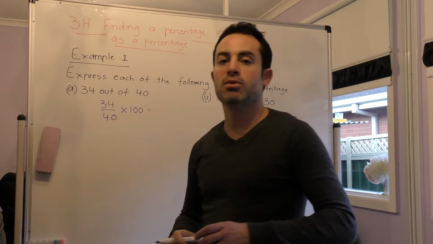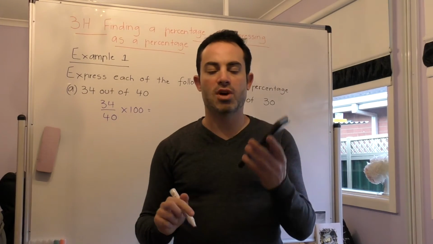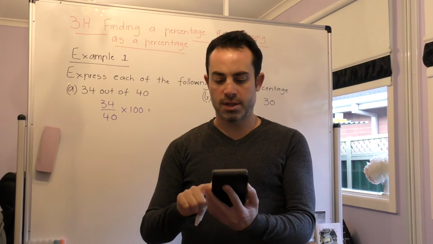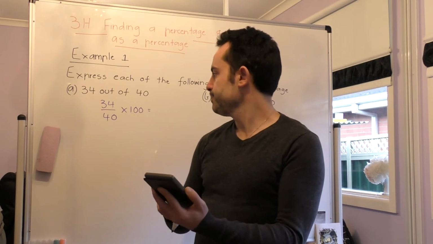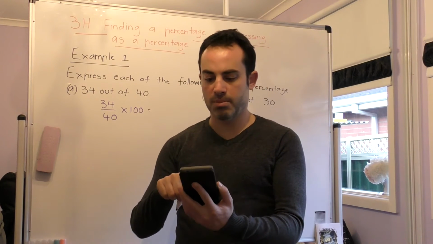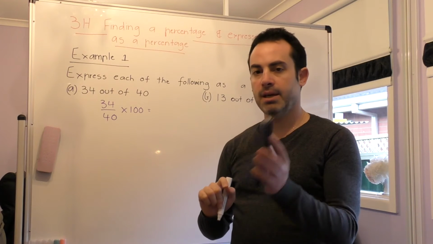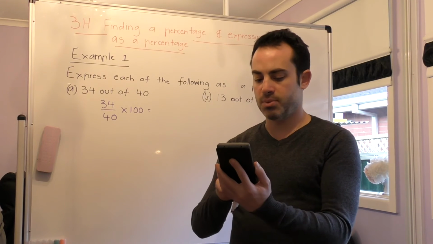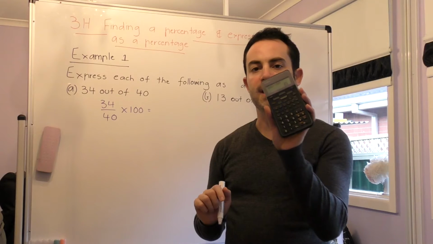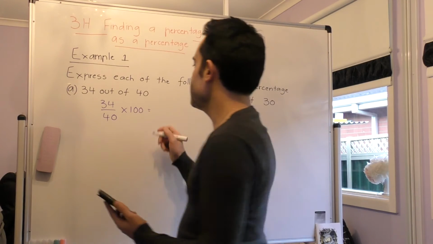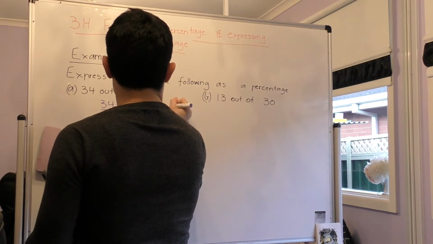Using your calculator, you're going to type this in: 34 divided by 40 equals, and then times it by 100, and you will get 85. So my answer is 85%.